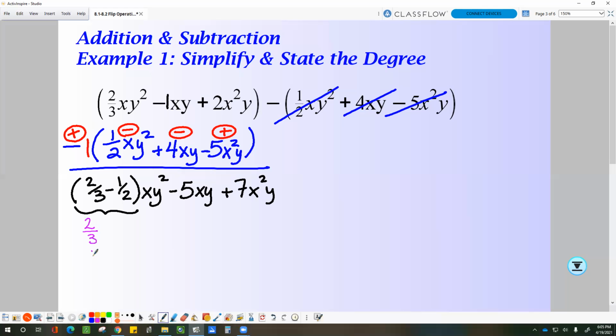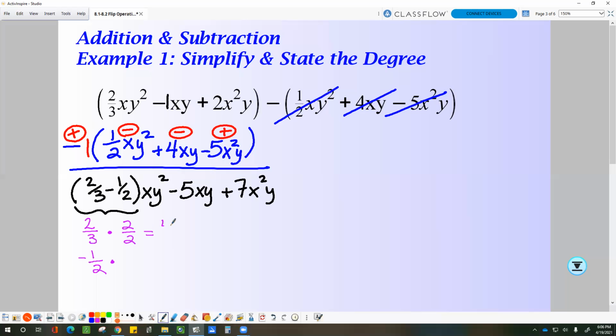I have 2/3 and -1/2. And to make a common denominator, I need to multiply each one of these times 1, written in a way that's convenient so that I can make a common denominator. I need to make the denominator 6. So I will multiply times 2/2, which is another way to write 1. I can always multiply times 1.